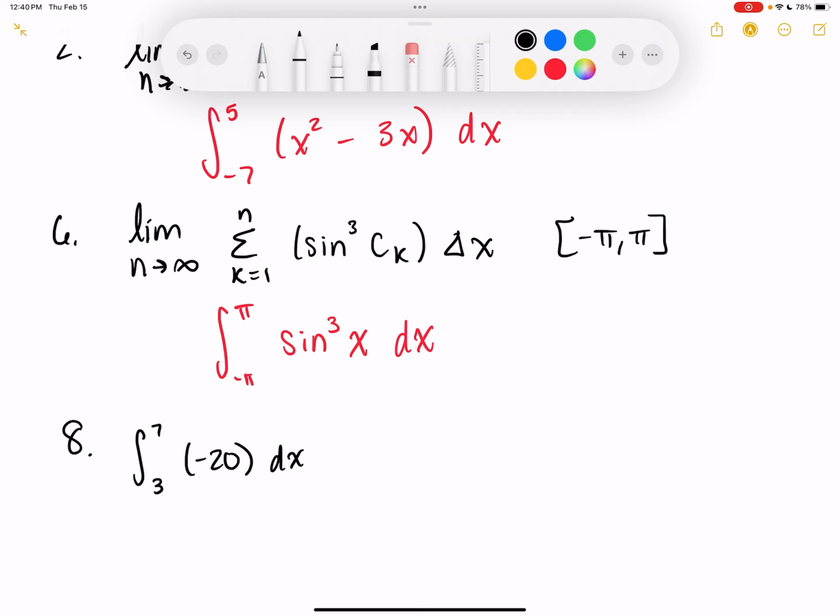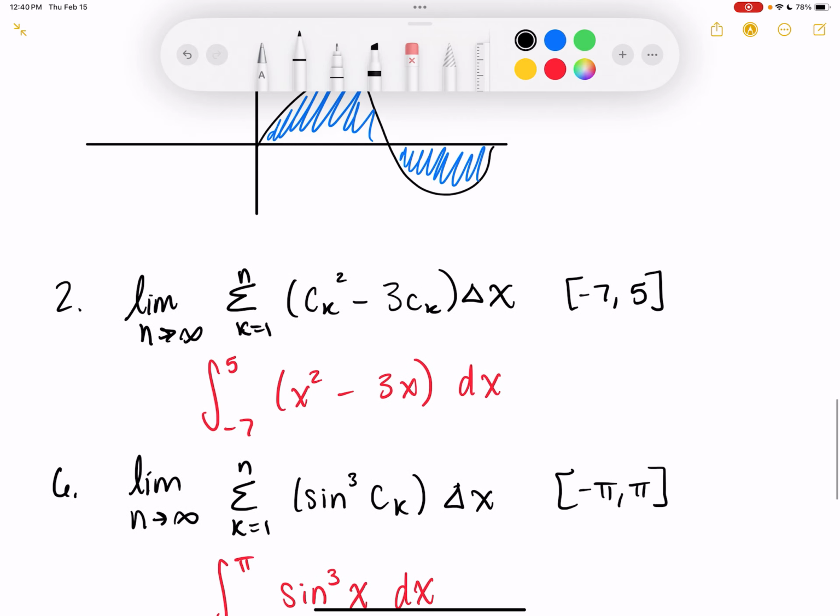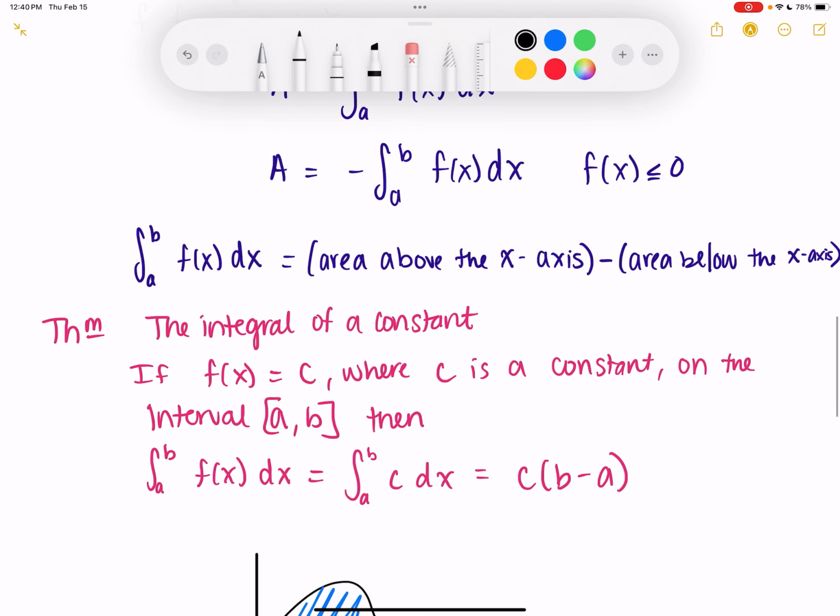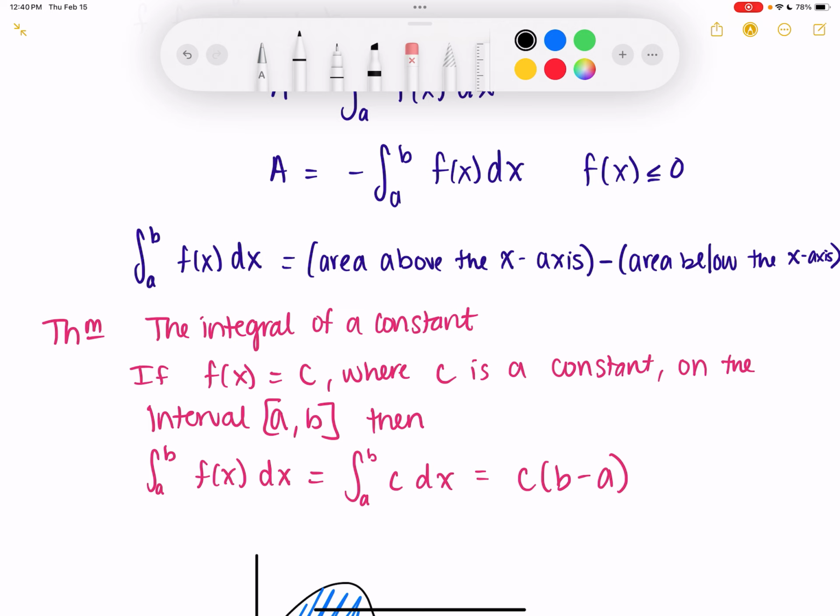So, I'm going to go back up here to remind you of this lovely constant property that we got yesterday. If we have a definite integral from a to b, or in our case from 3 to 7, of a constant, then we take that constant and multiply it by the difference between the two numbers. Now, I'm going to do it that way, but then I'm going to show you why that's the case on this one problem.